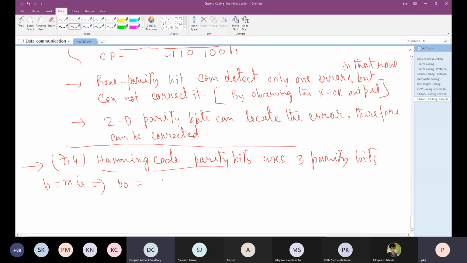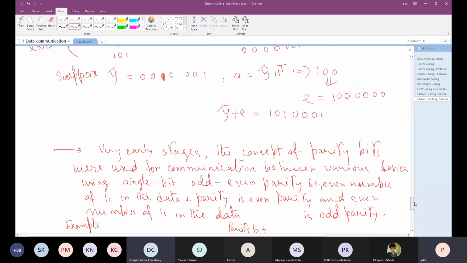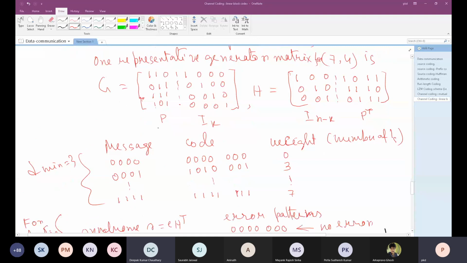B0 is M0 plus M2 plus M3. Similarly, B1 will pick up M0, M1, M2.